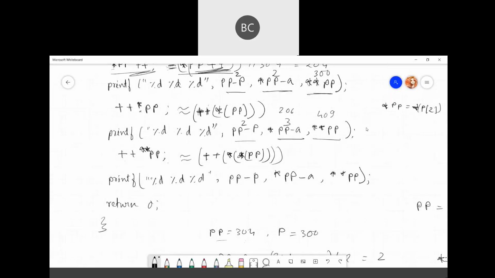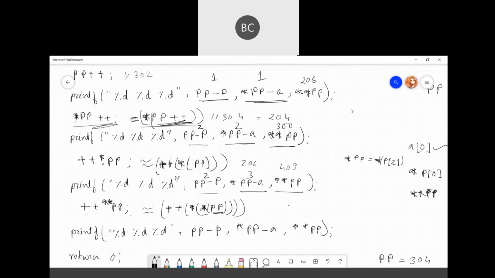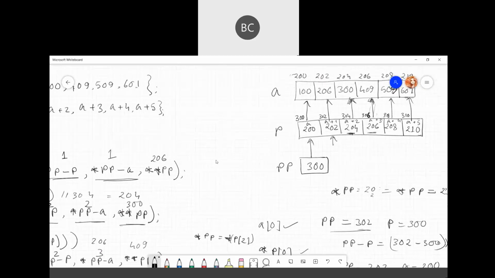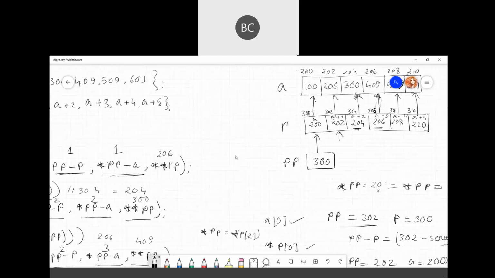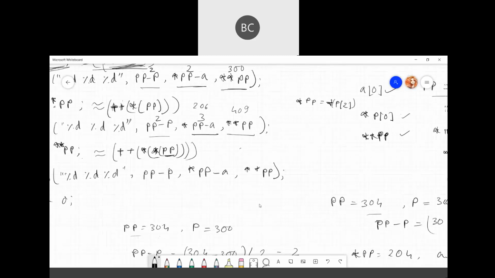So 304 for this part. Then 304 is pointing to what? It's 206. Then again the double pointer.